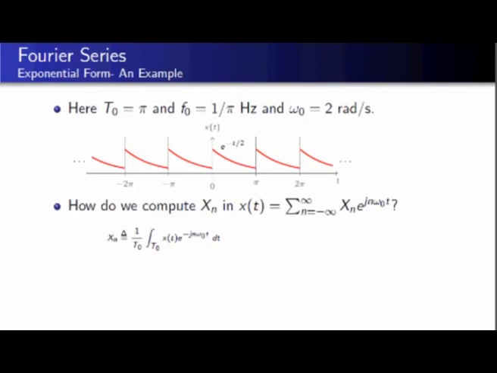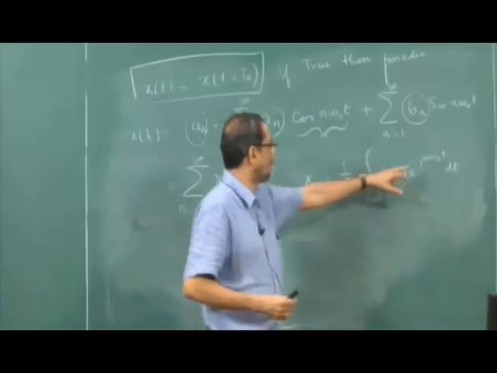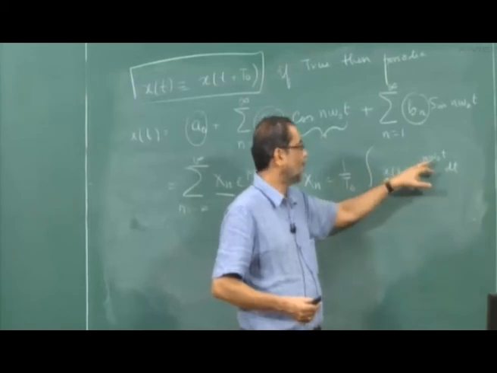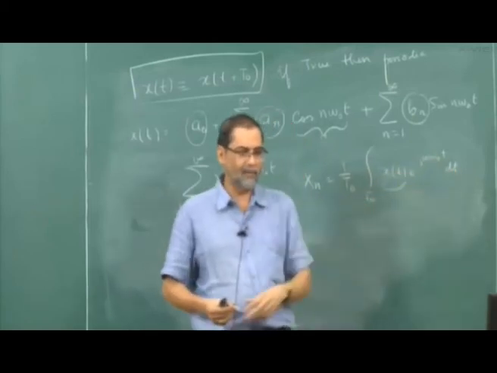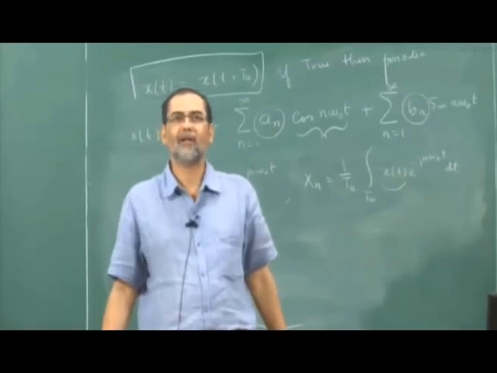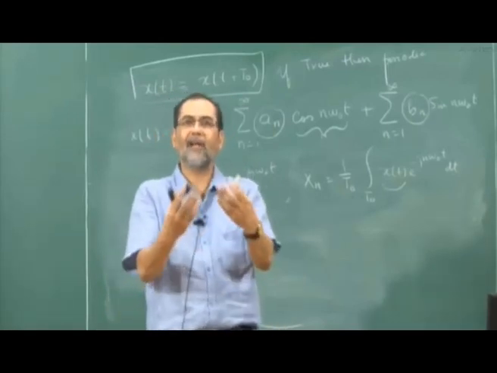So I put out the definition of xn there, and then I substitute for x of t as e raised to minus t by 2 and carry out the integration. I know that omega naught is 2 here, so e raised to minus j 2nt is what appears in the integration. I leave that part to you.